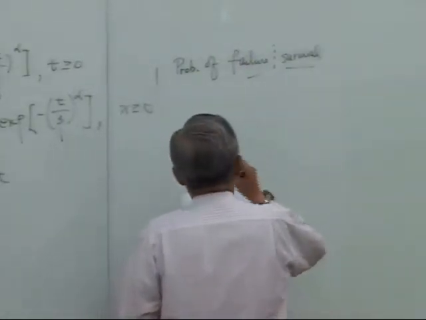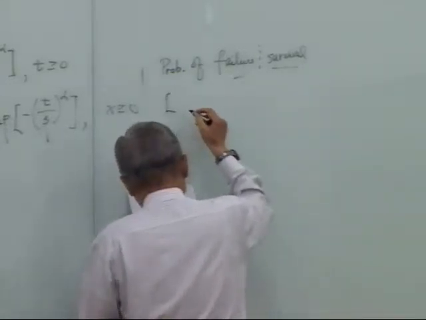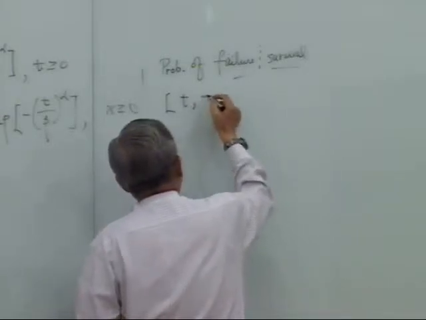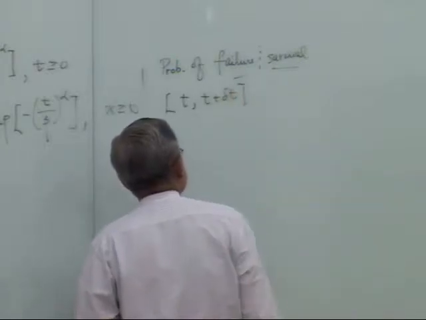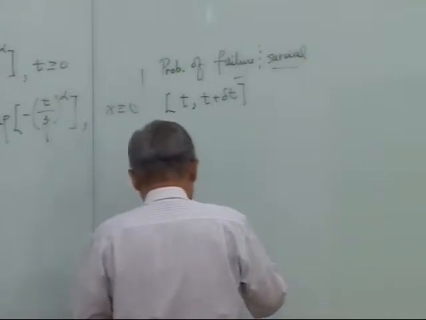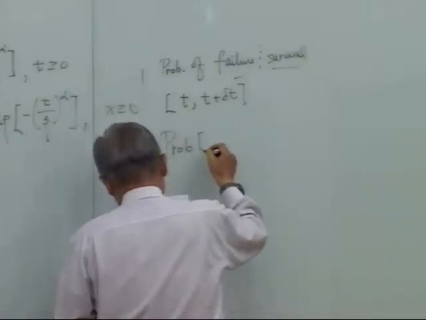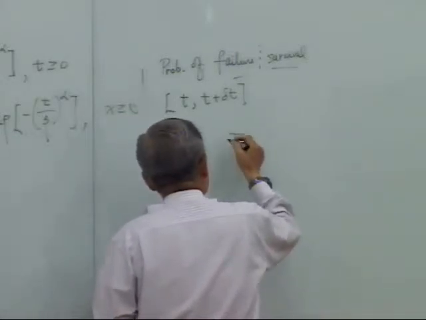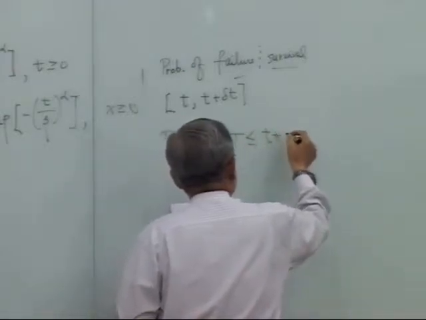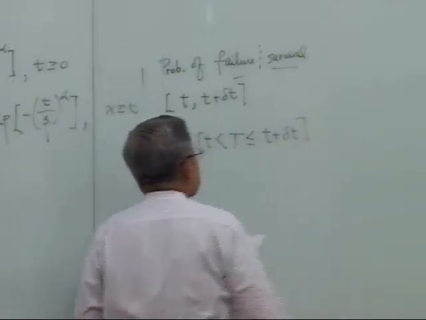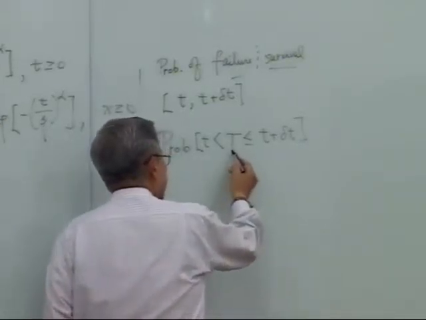So the probability of the failure within a given time, let's say between t and t plus delta t, okay? So to compute the probability such that t is between t and t plus delta t, now this is a random variable.